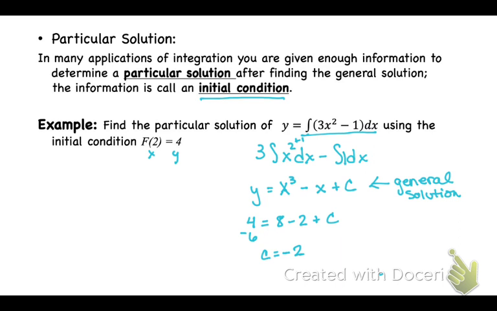So now what do you think I do? Plug it in for c. So the particular solution is y equals x cubed minus x minus 2.